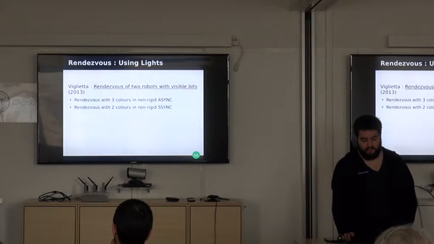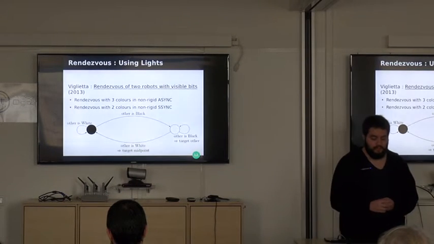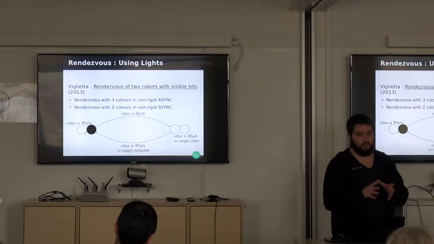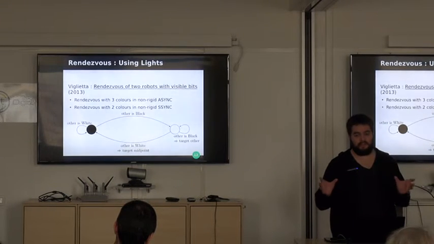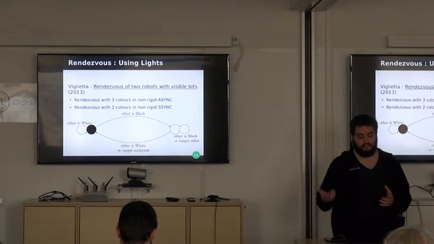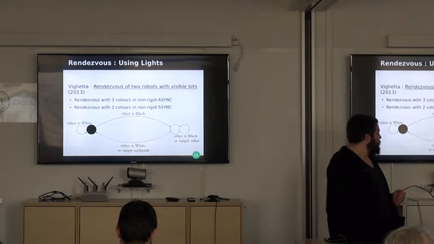And we're going to take a quick look at this algorithm so that you understand what exactly a luminous algorithm means. So essentially, we have 2 colors, black and white. And what we want for gathering is, if the robots are synchronized, we want them to move to the midpoint. If they are not synchronized, we want one to stay put and the other to move towards it. And that's exactly what's happening here.